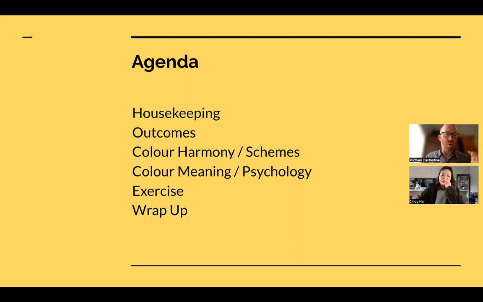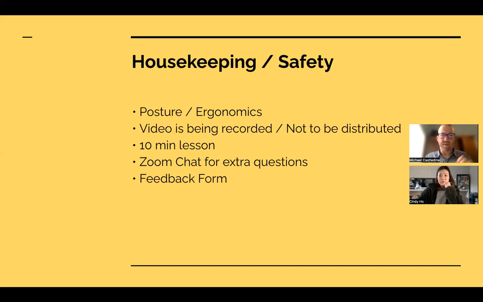The real core that we'll talk a lot about is the color meaning, color psychology, things to consider when developing and skinning your UI elements. I've got a little bit of a fun branding exercise, and I'll do a bit of a wrap up. So that's the agenda.